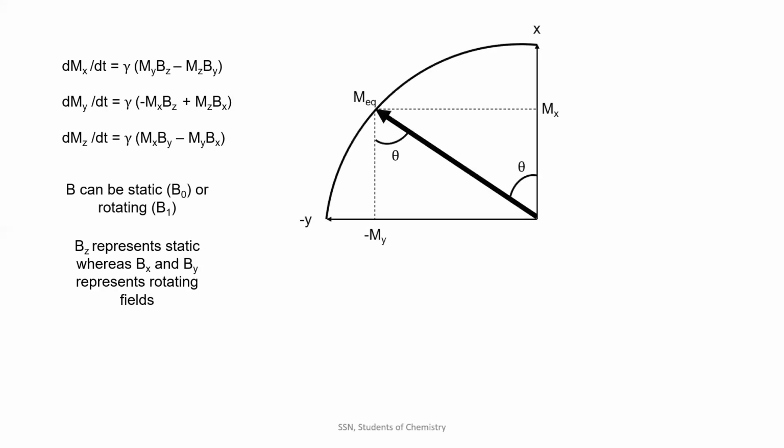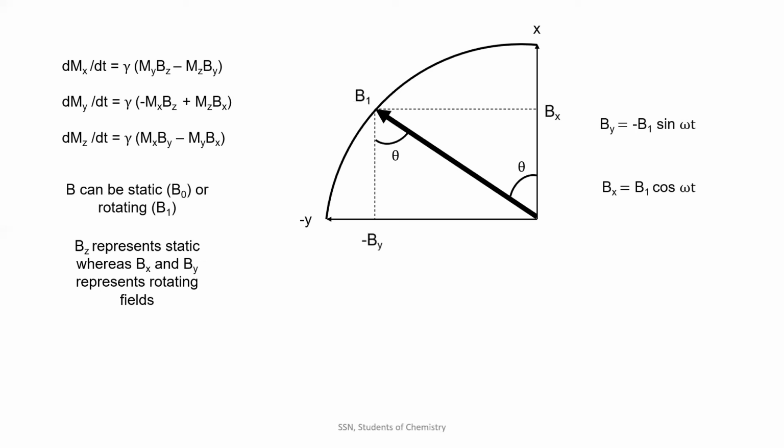From the previous diagram, if we replace all the magnetizations with magnetic fields, we will replace minus My by minus By, Mx by Bx, and M equilibrium by B1, as it is a rotating magnetic field. And the previous equations will follow the same, only difference is replacing Mx and My by Bx and By.